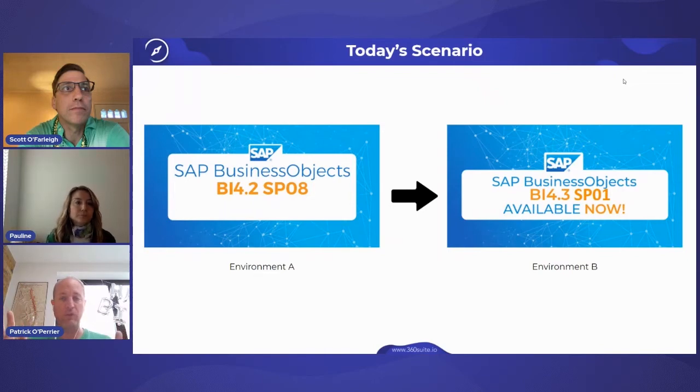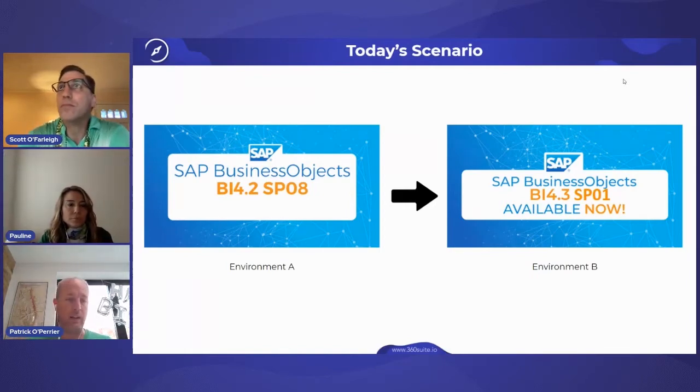So I have two servers, and I'm not going to touch my 4.2. I'll just keep it as a source, and I'm going to migrate or promote the content to this new environment. And I'll do this live, and you'll see how it goes. So it's a small scale environment, but the steps will remain exactly the same.